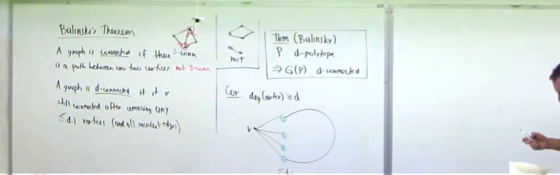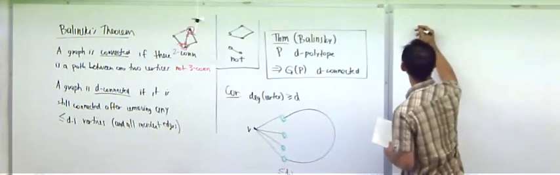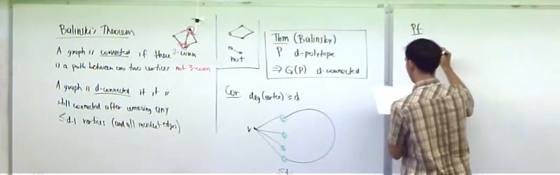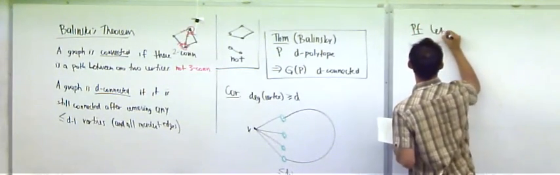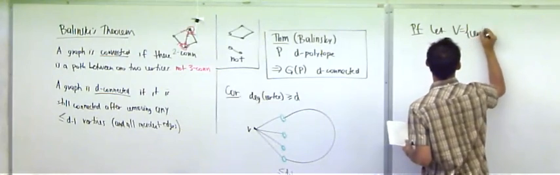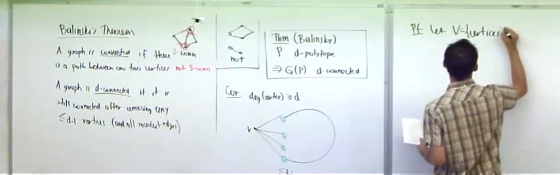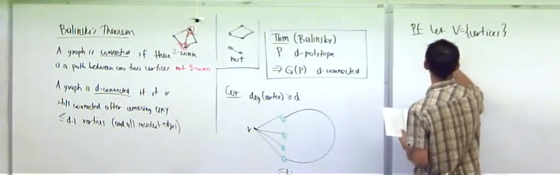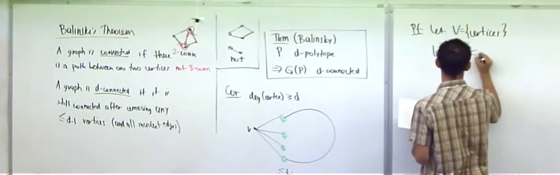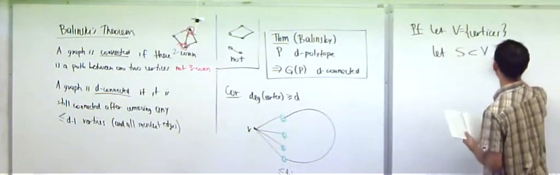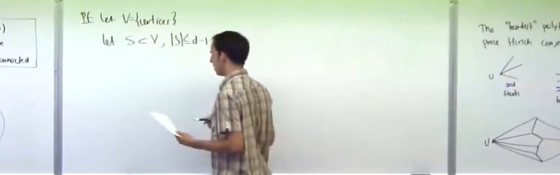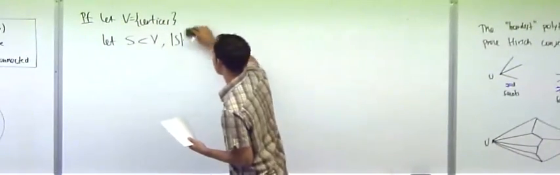Okay, so let's prove this. Let's say that V is the set of vertices of the polytope, and let's consider a set S of d minus 1 vertices and delete them.